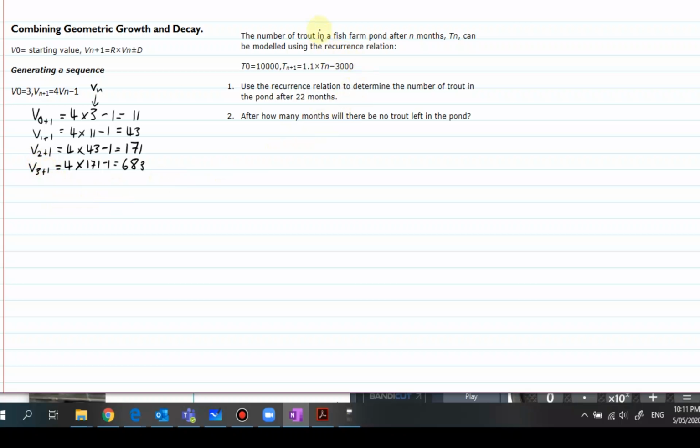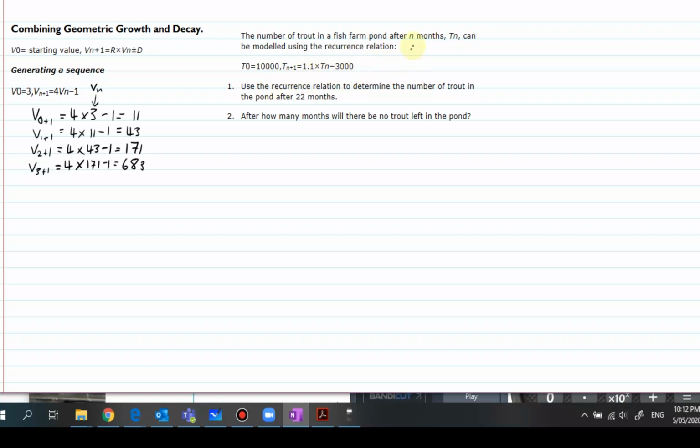Over here we have a problem regarding recurrence relations. We're modeling a population change in this one. So to keep it nice, we've got a trout farm, a fish farm. Tn can be modeled using the recurrence relation. We have 10,000 fish to start with. They breed at a rate of 1.1, so a 10% increase on the current population.